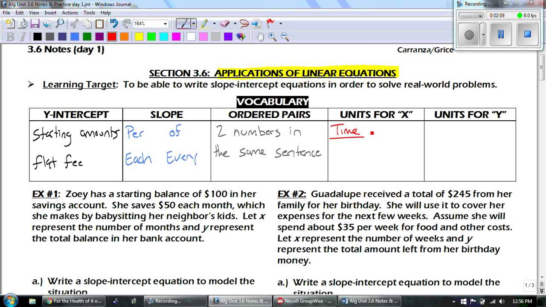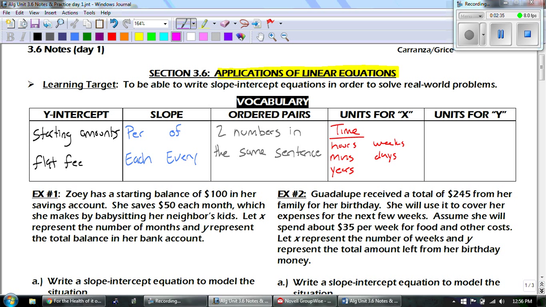And when we're talking about time, that could be hours, minutes, weeks, or days. They could even be talking about years. All of those are just different units when they're talking about the x variable.